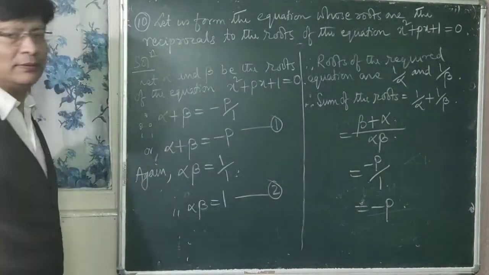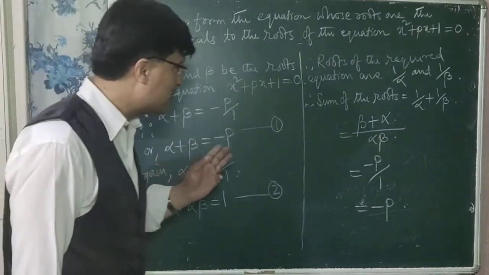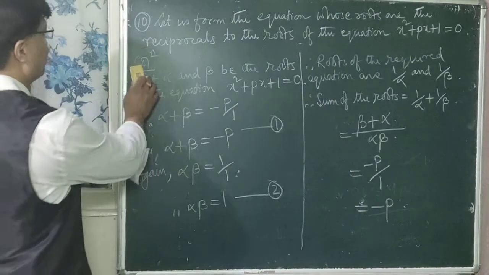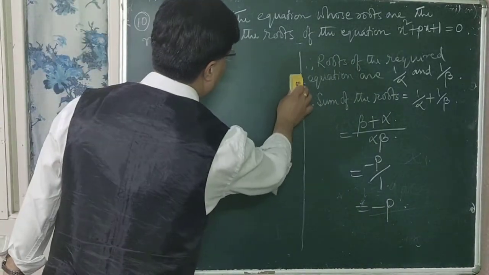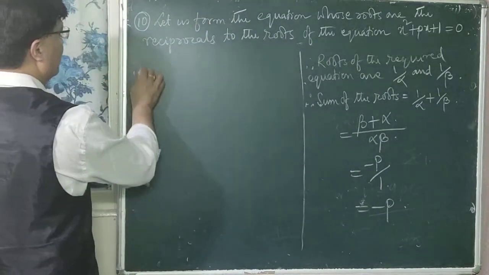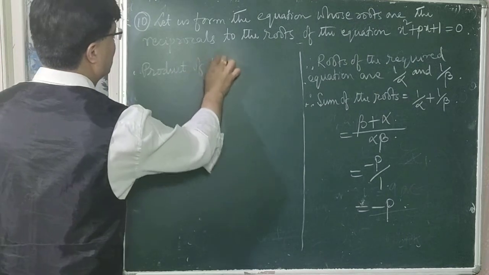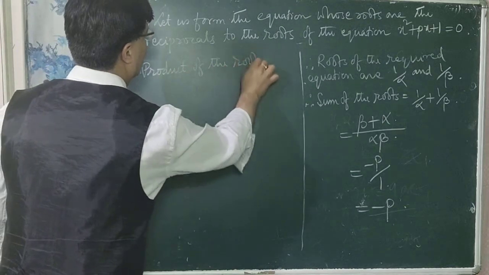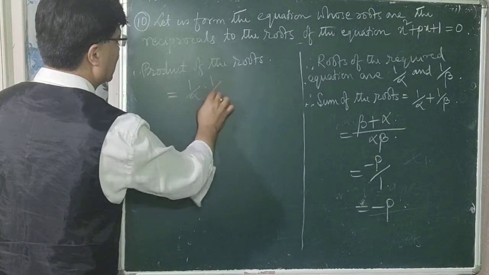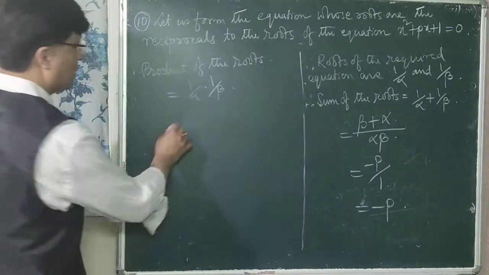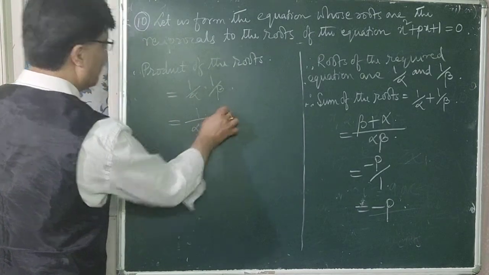Now what is to be found out? You have to find the product of the roots. Therefore, product of the roots is equal to 1 upon alpha into 1 upon beta, which is equal to 1 divided by alpha into beta, alpha beta.